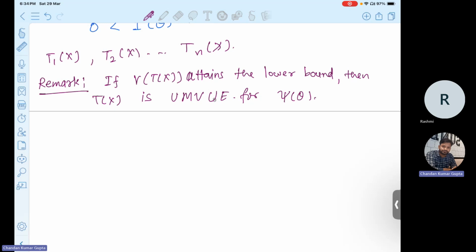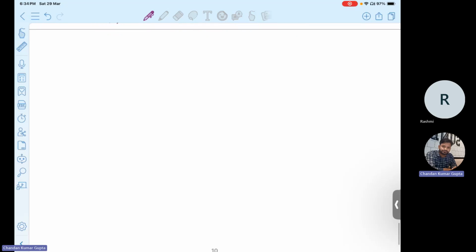Now we have discussed unbiasedness, the locally minimum variance unbiased estimate, the uniformly minimum variance unbiased estimate, and how to calculate it with the help of the Cramer-Rao inequality. Now the next topic is relative efficiency, the relative efficient estimator.